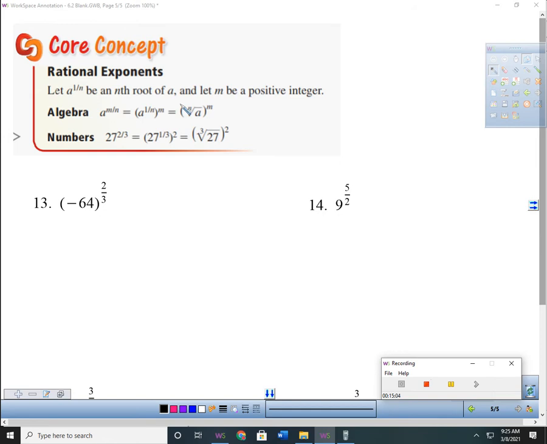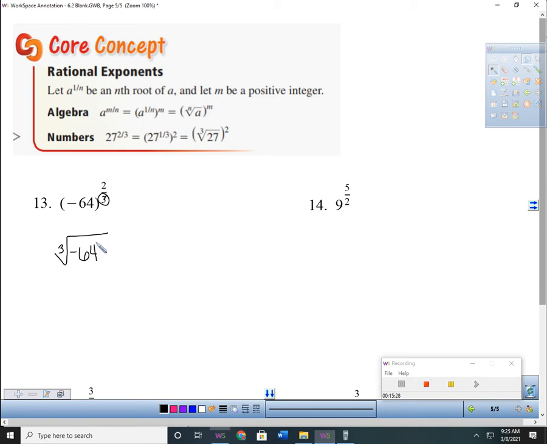All right, so with the rational exponents, we already know that we can take them and write them separately, correct? And sometimes it's easier to put the exponent number on the outside instead of the inside. So what I mean is, here we have a root of 3. So we have a cubed root of negative 64. And if you know anything about 64, you know that 64 is a perfect cube, right? 64 can be found by taking 4 to the third power, right? But we still have this exponent of 2.